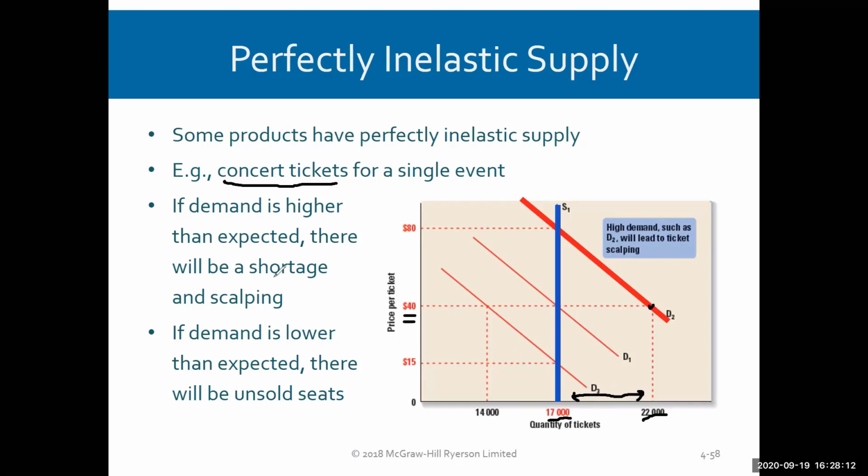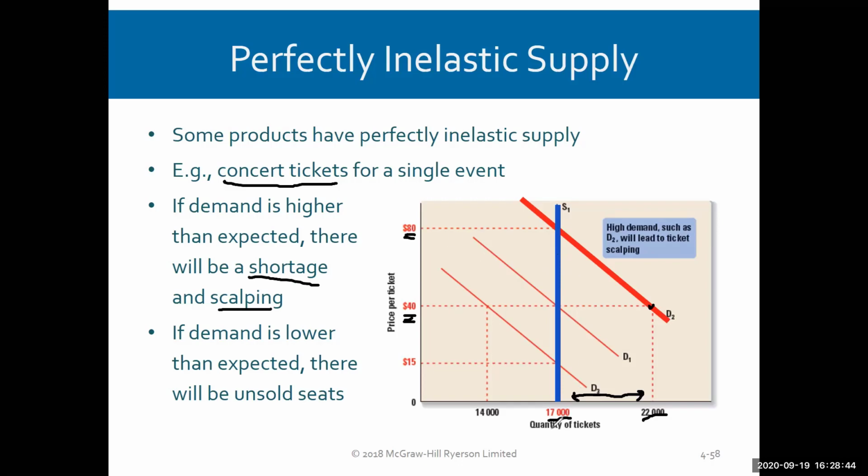What does that do? That shortage creates scalping. All of a sudden, tickets have sold out in a minute. That hits the news, it's on the radio. Tickets are being scalped for $80. I just gave away the answer, right? That's really good hype for a concert promoter, and that's exactly what they might do. They understand there's going to be a shortage and they don't care. They're only charging $40 for the tickets, but the hype will push the price all the way up to $80 on the scalping market.